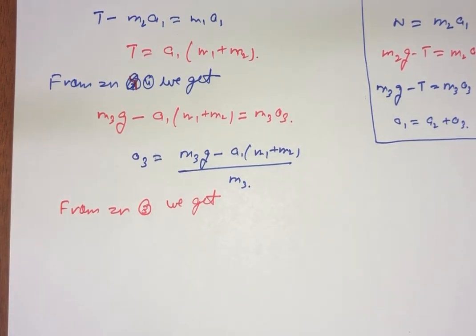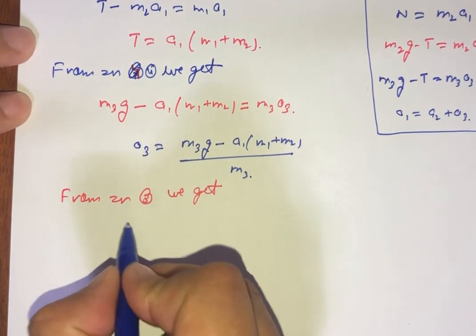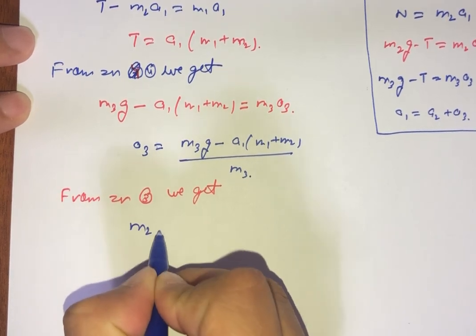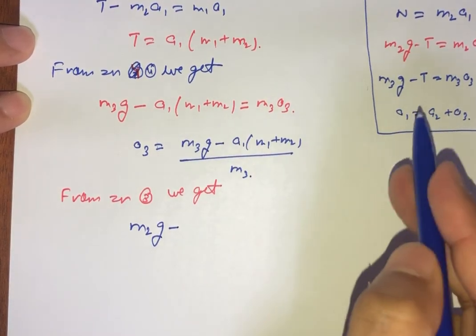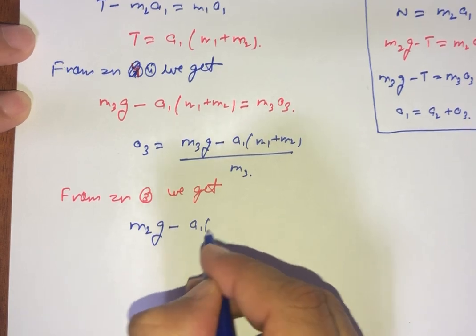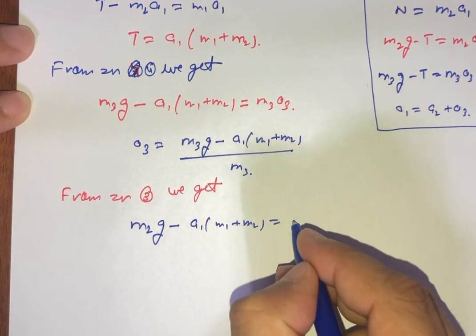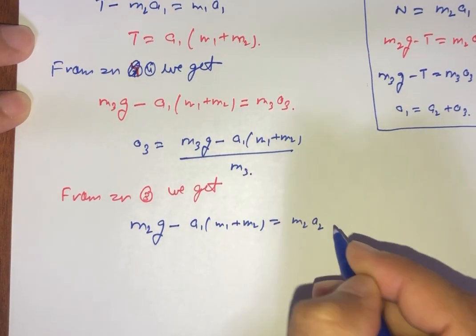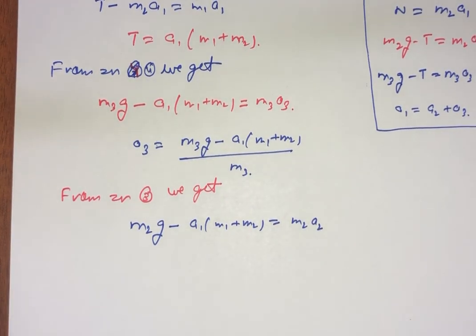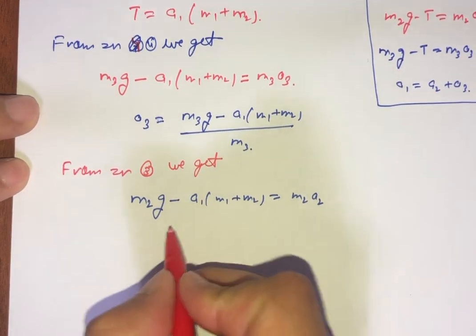similarly we put the value of T. We get m2 g minus T, that is a1 (m1 plus m2), is equal to m2 a2. From here we find out a2.